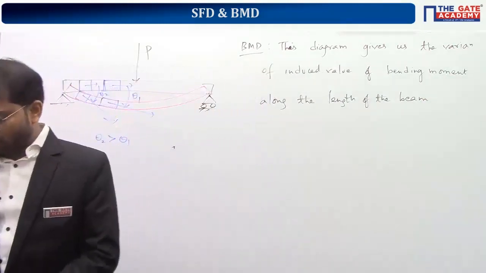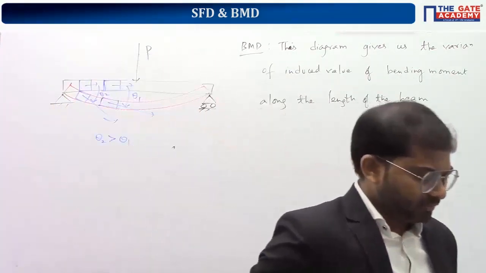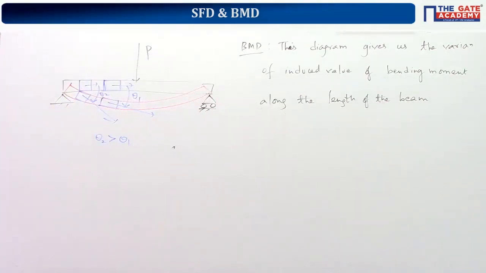Induced value of bending moment along the length of the beam. Okay. Can everyone copy? So we'll take an example and find out shear force and bending moment at some location along the length of the beam.